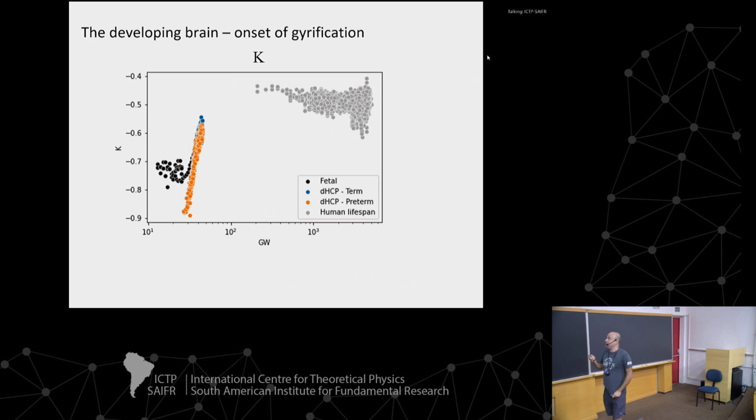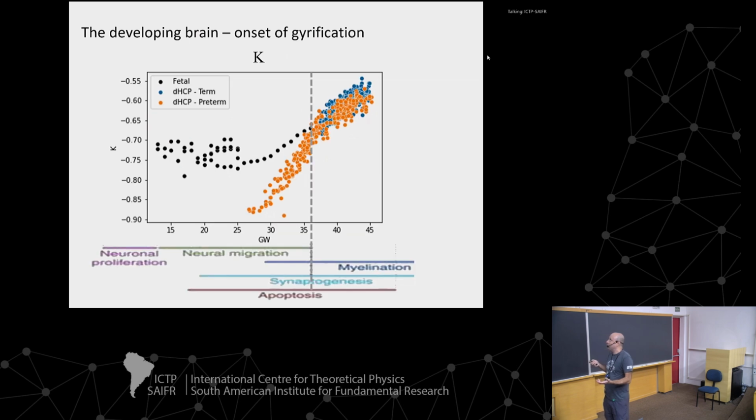Now, this can be done between this data set and this data set, but there's too big of a gap to do this between this data set and this data set. So we have to trust that these things are roughly the same. But between these data sets of the babies and these data sets for the fetuses, we have harmonized between the term-born babies and the fetuses.